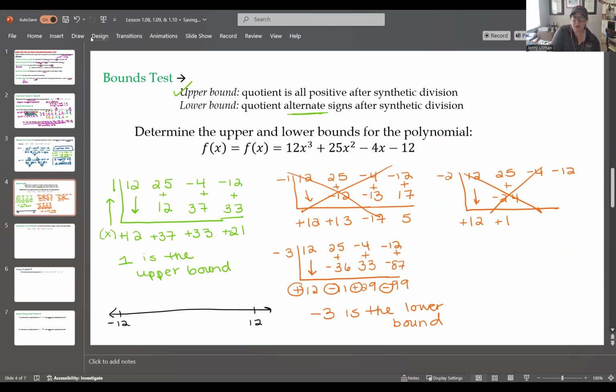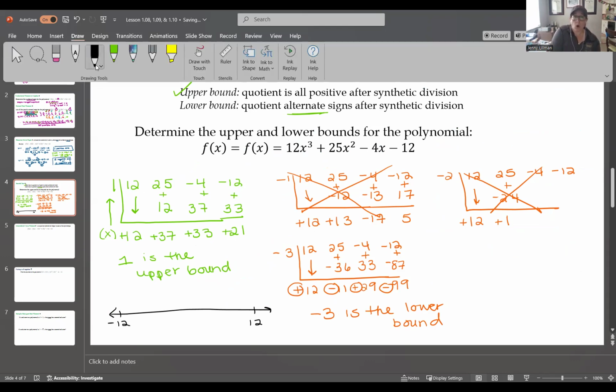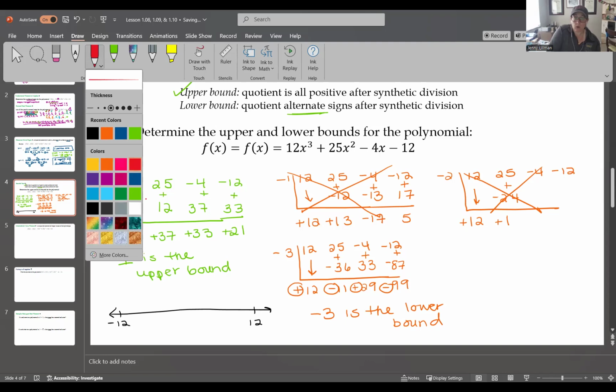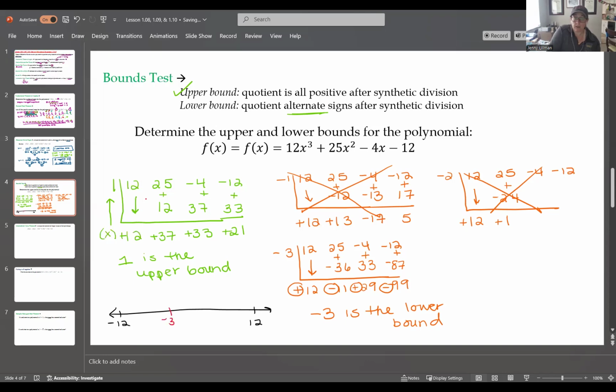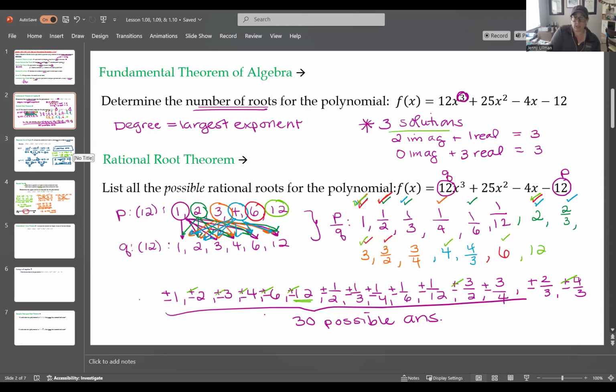Based on this bounds test, I know all of my answers can only be in this portion. So any answer that is not between -3 and 1, get rid of it. It cannot work. It is not a possible solution. Okay, so if I go back to that answer, so that means -4 and +4, gone. +6, -6, gone. +12, -12, gone.